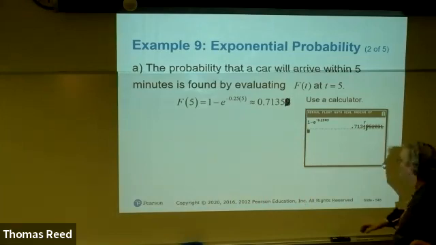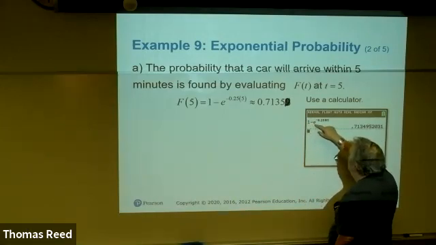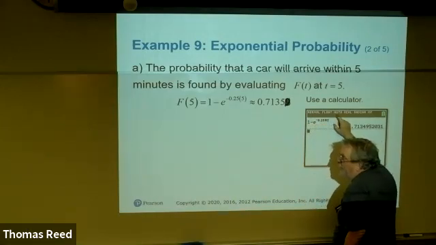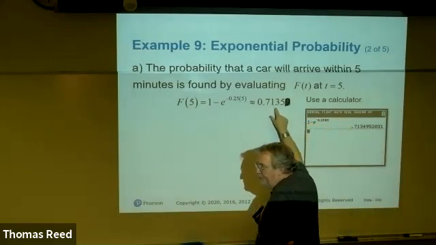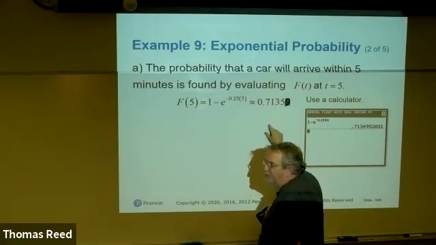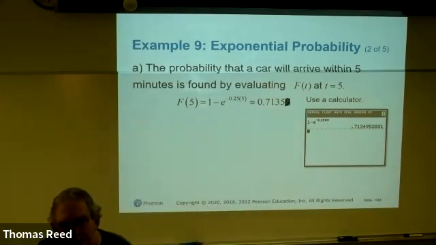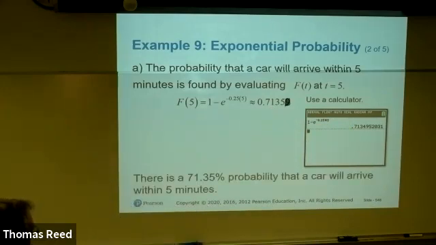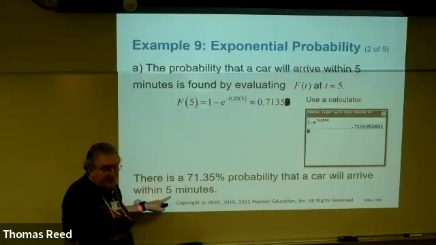Okay. So 1 minus e to the negative 1.25, which is this number. And this is a probability, so it's between 0 and 1. And as a percentage, it's between 0 and 100. So changing this to a percentage, it's 71.35%. So we have a probability of 71.35% that a car will arrive within the first 5 minutes of the 9 o'clock hour.